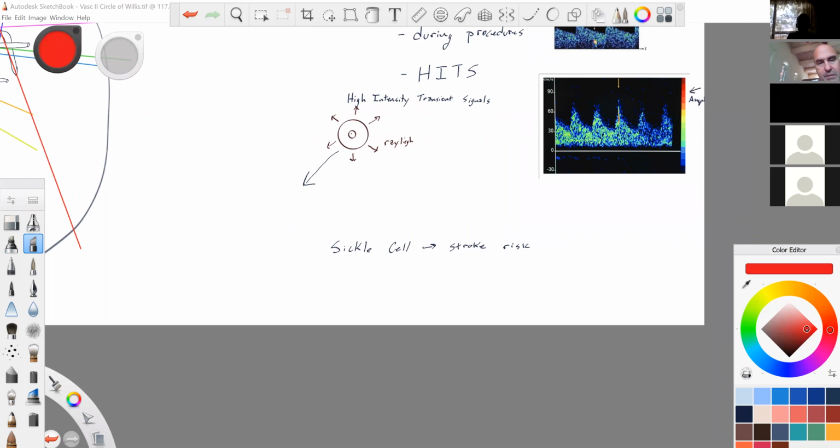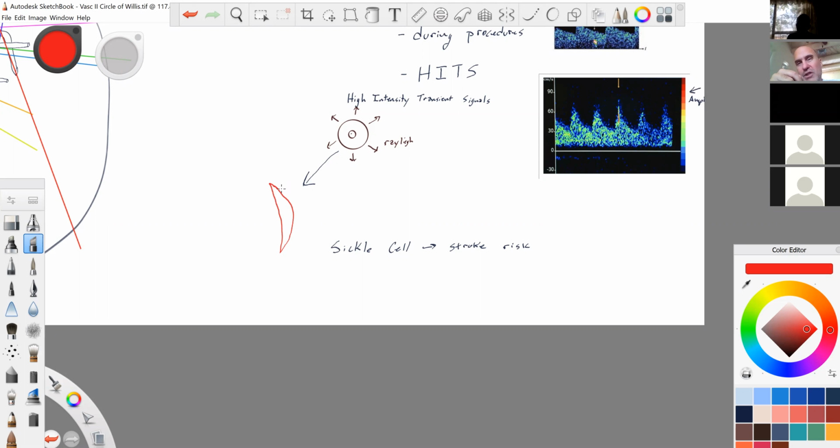Not an icicle, but a sickle. That doesn't play well with blood vessels and other red blood cells. It tends to get stuck. It tends to not be able to bend.